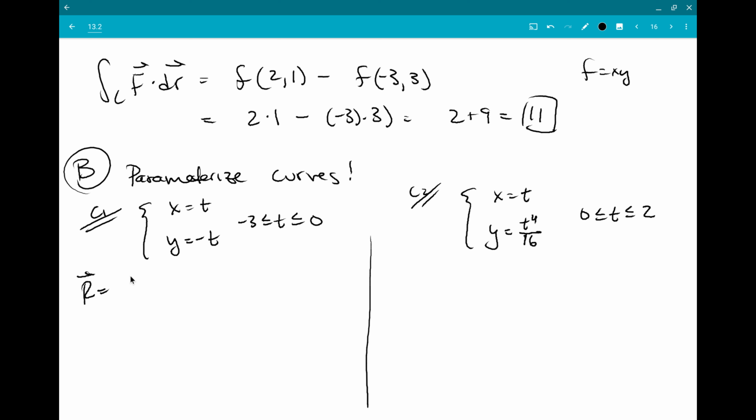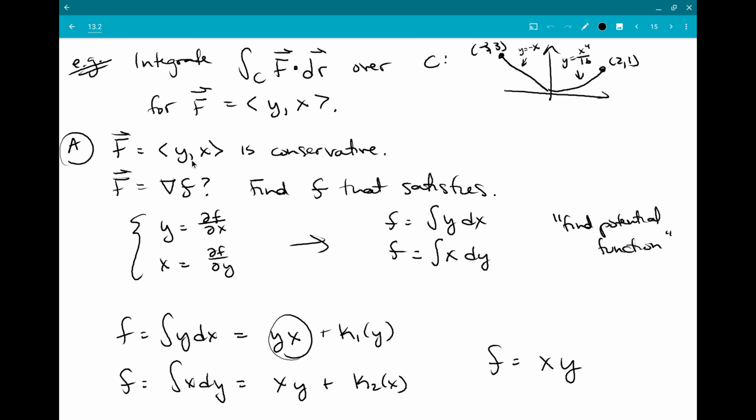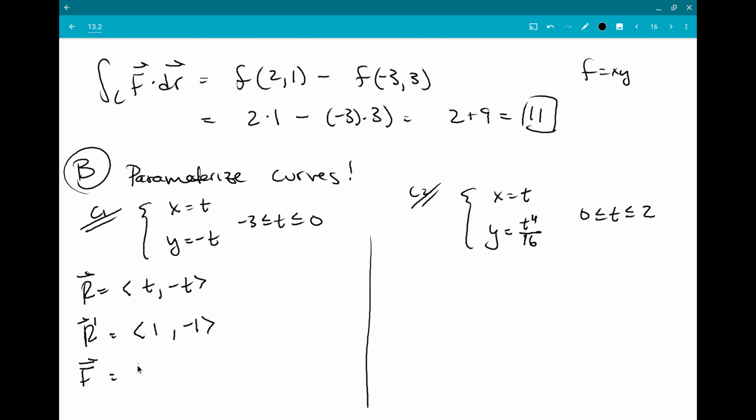And so given those two different curves, we can break up our problem into two parts. So for the first curve, r is equal to <t, -t>. That means r prime is equal to <1, -1>. And our f, which was <y, x> before, is going to be equal to <-t, t>, with -t for y and t for x.